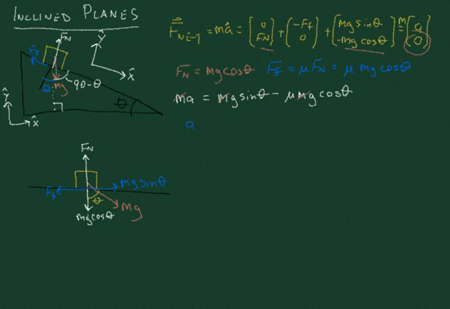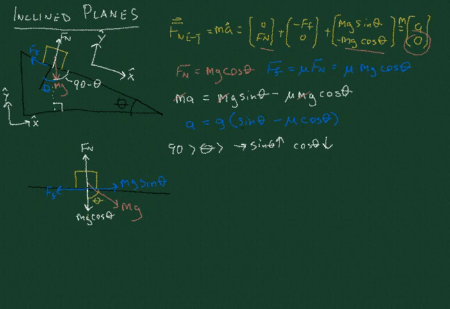So we see that our acceleration in the x direction is g sine theta minus mu g cosine theta. Depending on how steep this angle is, that's going to change what the acceleration is. As theta gets bigger, until it's 90 degrees, sine theta goes up and cosine theta goes down.